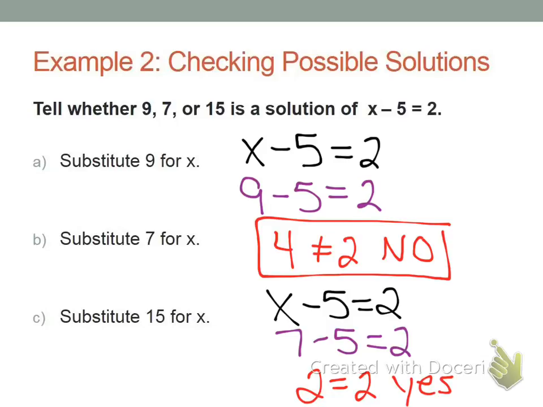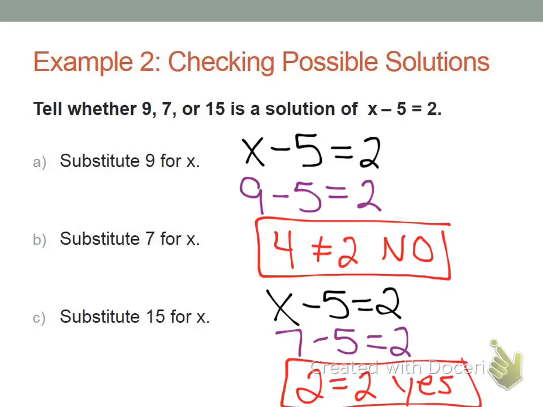I want to see that both sides equal each other. Because if all you wrote is yes or no on your answer, that's as simple as flipping a coin. How do I know that you really know that the answer is yes? The only way I can know that is if you show me that both sides equal each other. Okay? So that's why that part is important.